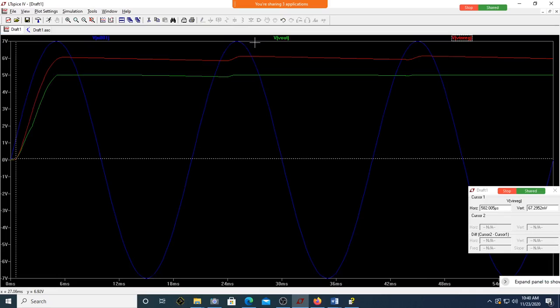Is this giving a regulated output voltage, the green one? No, sir. You can see it is stable only till this point. Can you see it is almost stable? Can you see it is less here? Yes, sir. Why is it less? Because the input is less than 5.9. Yes, sir. Why is it less than 5.9? Because your input from your transformer itself is less.